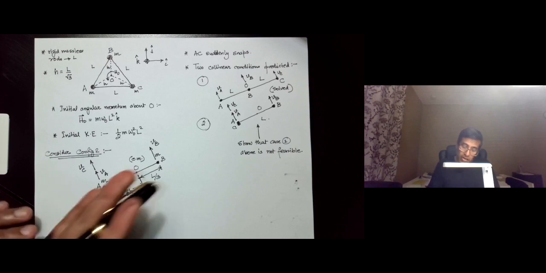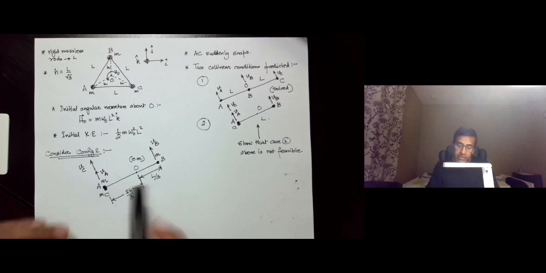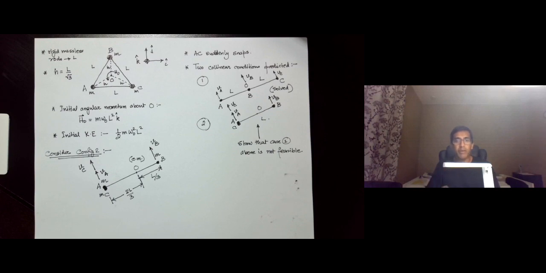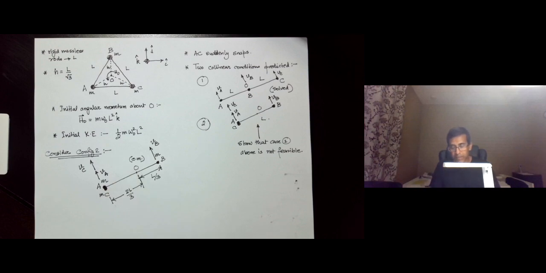So we cannot have velocities along the rod, because again, going over it, if there were velocities of A, B and C along the rod, first of all, they must be the same. They cannot be different from each other. And that is because A to B is connected by a rigid rod and B to C is also a rigid rod.